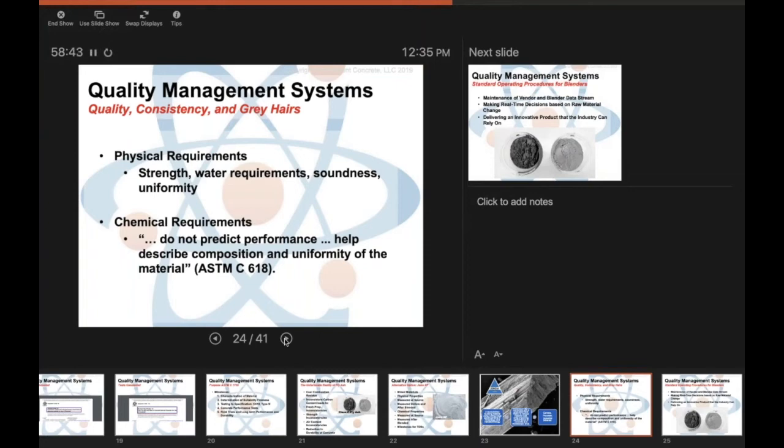So working through this 1709, we could see where there's, especially looking at the 618, where quality, consistency, and gray hairs aren't reflected in the 618.